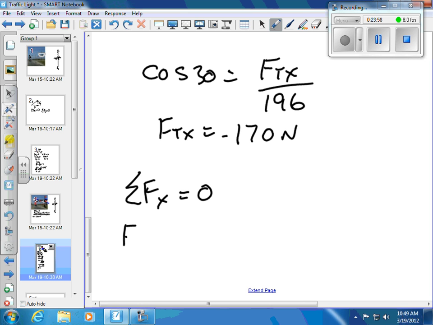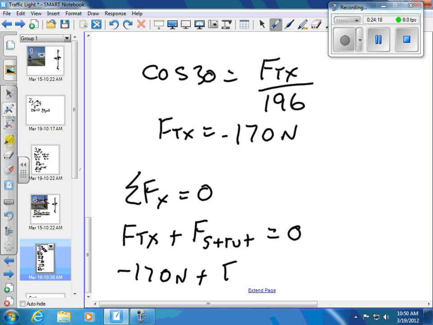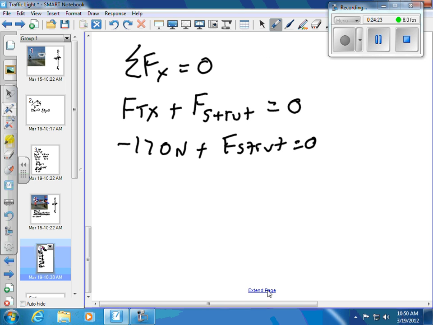We have FTX, and the compression force on the strut we'll just call F strut X. Negative 170 plus F strut equals 0. And the force on the strut has to push with 170 newtons. Pretty easy.